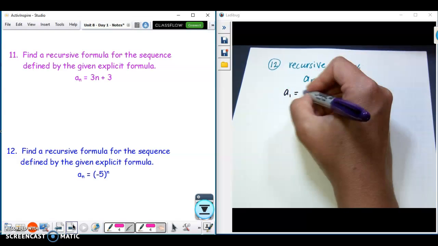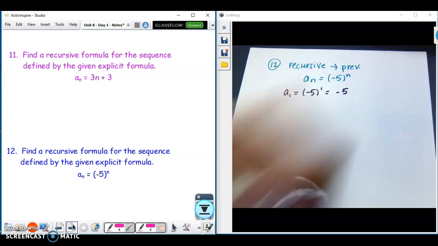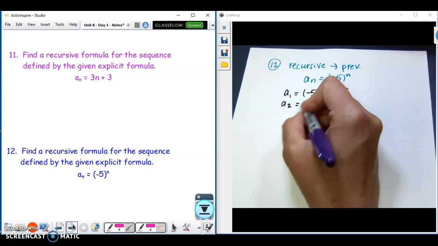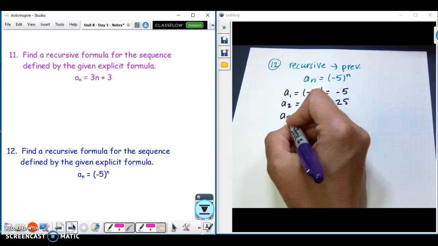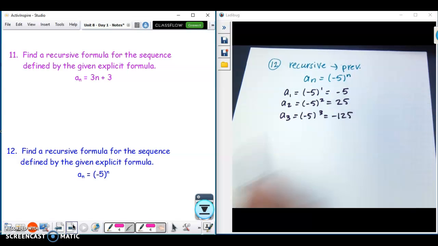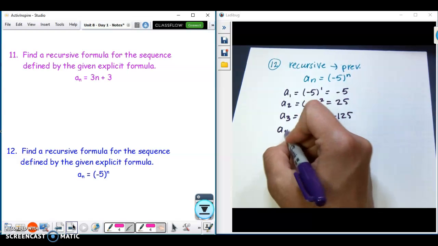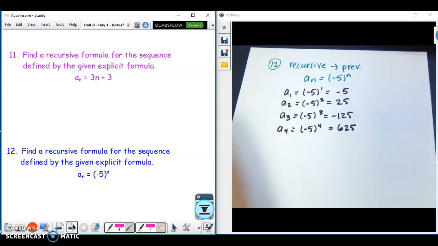So just plug in 1, get -5. Plug in 2, give us +25. Plug in 3, -125. And then I'll go ahead and do 4, which will give us +625.